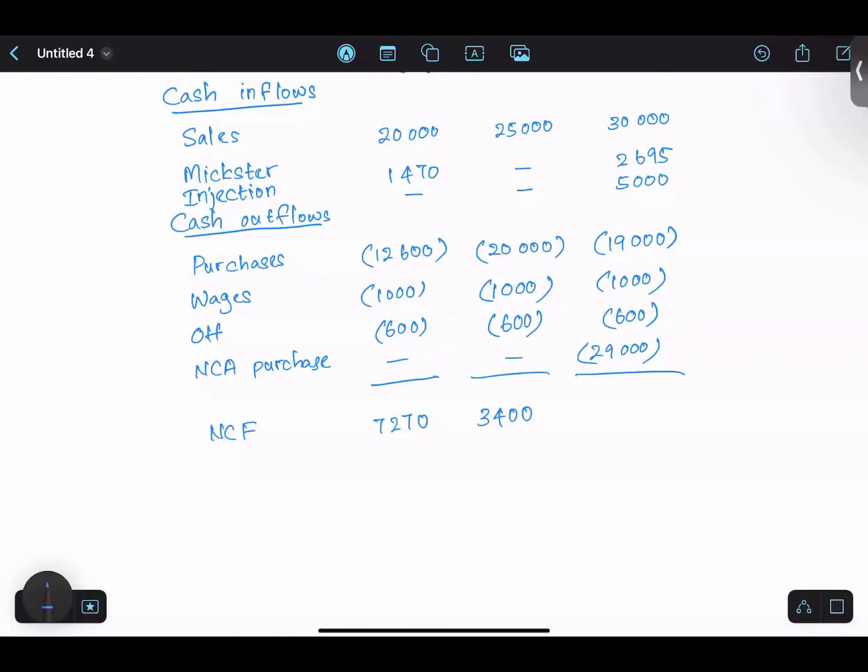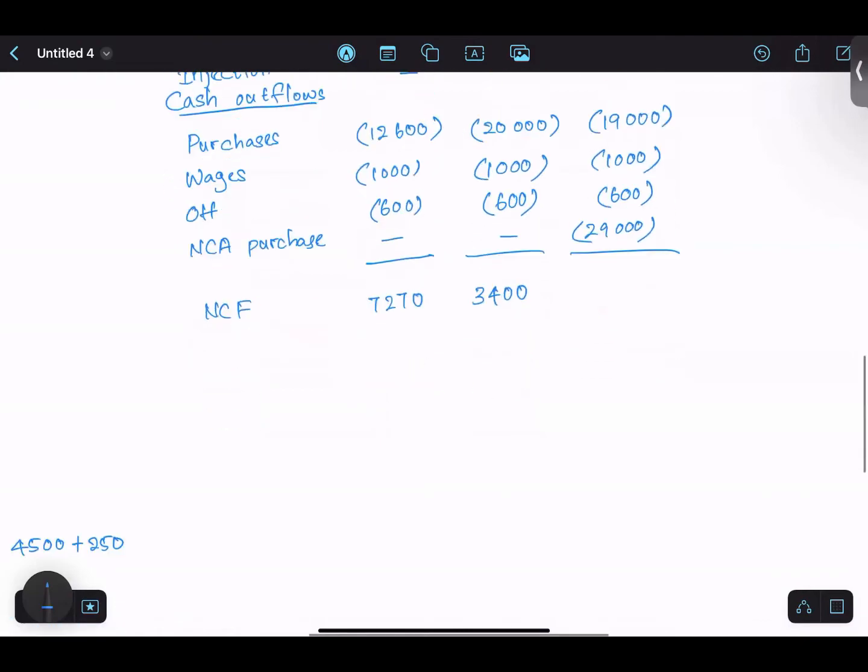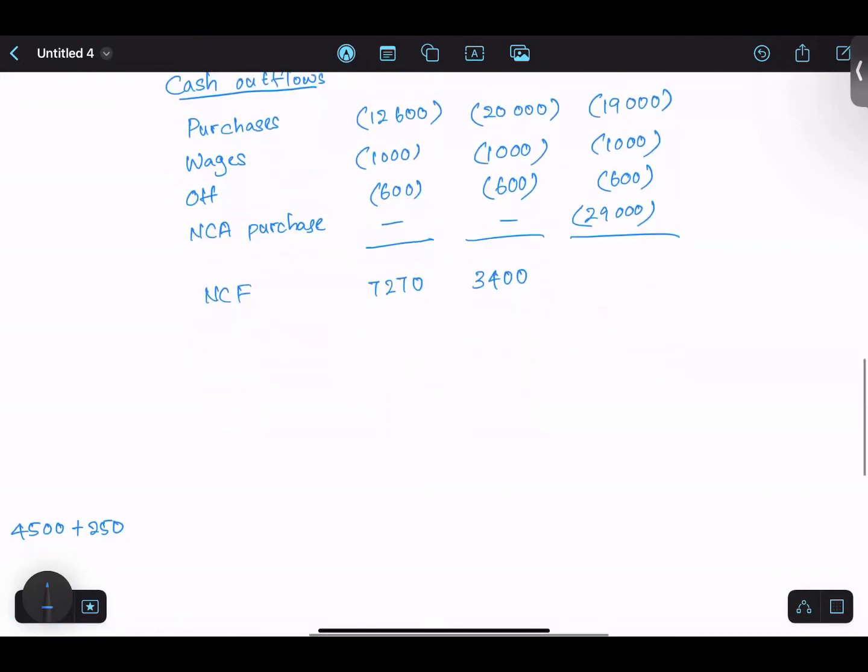If you take March, 30,000 plus 2,695 plus 5,000 minus 19,000 minus 1,000 minus 600 minus 29,000 is giving a negative balance of $11,905.